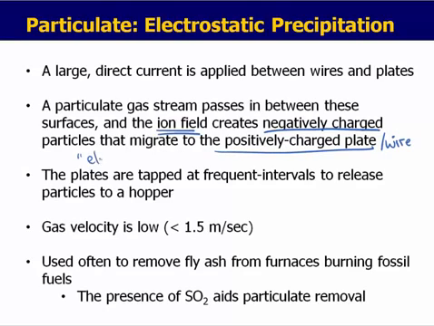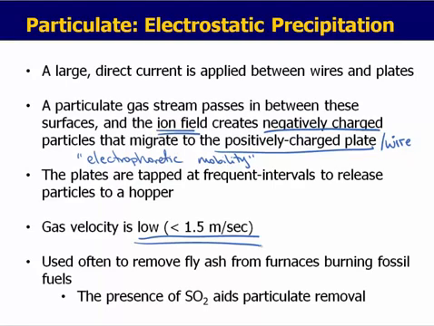So this depends on electrophoretic mobility. For this to work and be efficient, the gas velocity moving through those plates has to be fairly low. That way, the electrical charge can act upon those particles and encourage movement, electrical charge movement, electrical interaction.